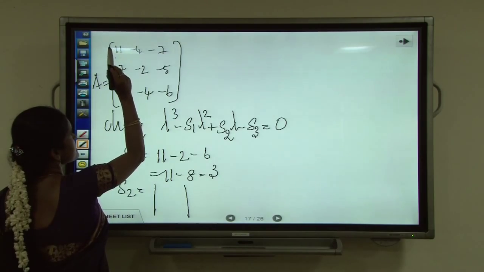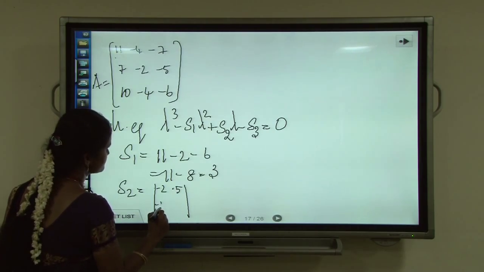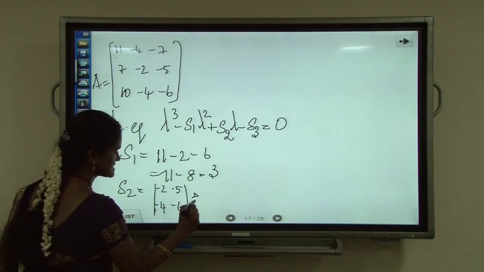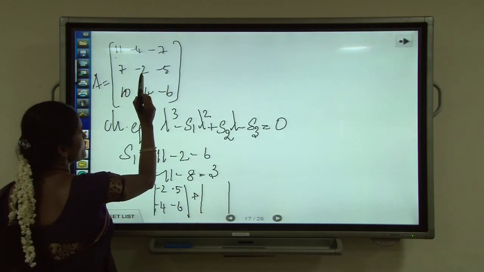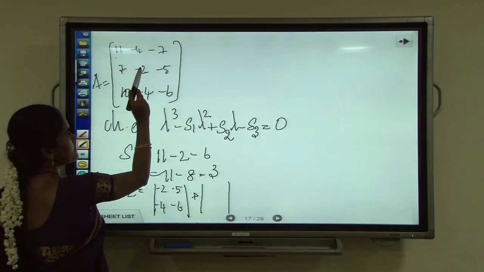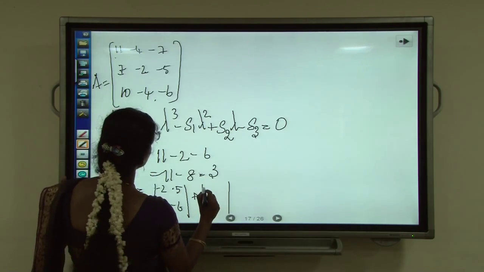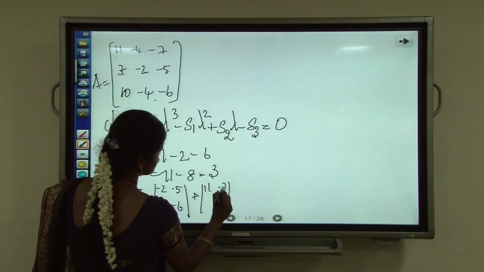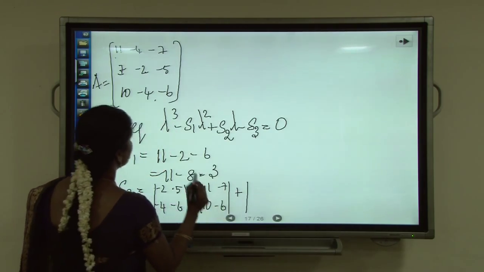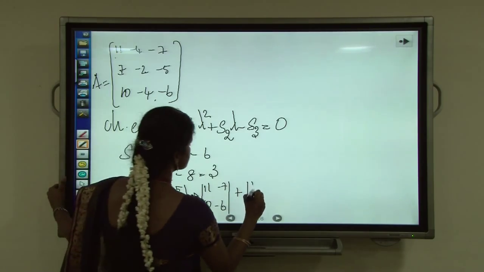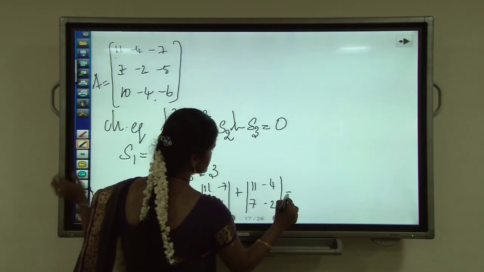For the first diagonal element, 11, you get minus 2, minus 5, minus 4, minus 6, plus, for the second, minus 2, we get 11, minus 7, 10, minus 6, plus, and for the third, minus 6, it is 11, minus 4, 7, minus 2.